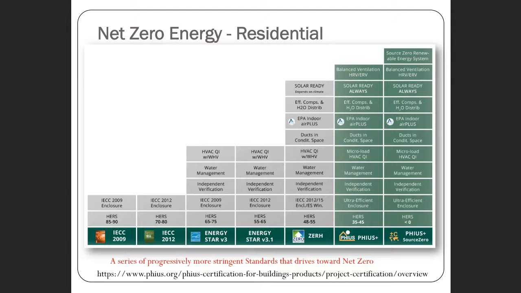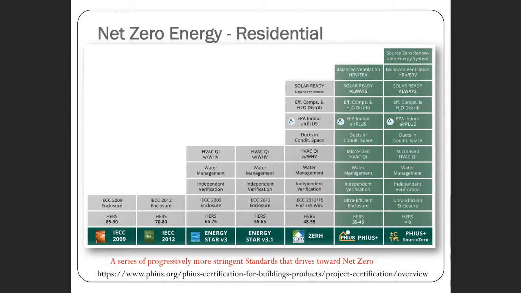The same thing is happening in the residential space. Sorry, this is a little bit of a busy slide here, but the point again is that various groups are working on more stringent standards that, if adopted, can help drive us towards net zero performance.